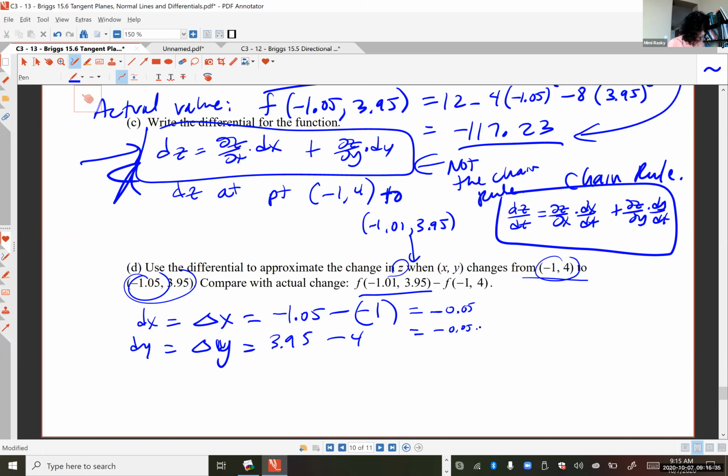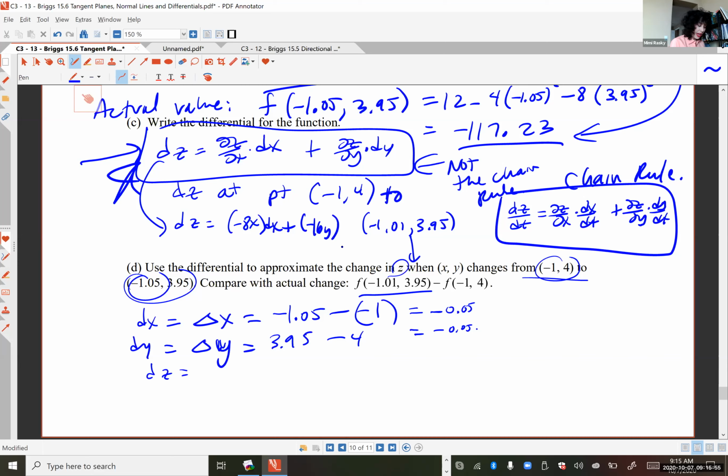And so then when you do your dz here, you're going to go, okay, what is dz dx? And I think we found that was -8x. So this right here was, if I plug in those partials that I did above, -8x dx plus the dz dy was -16y dy.